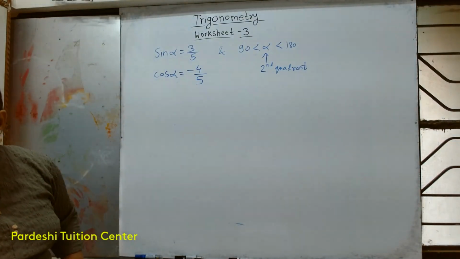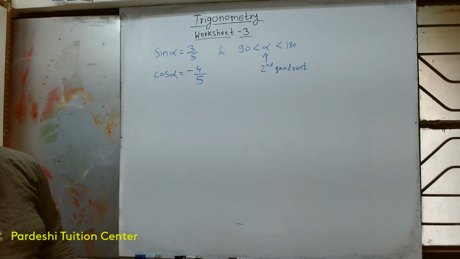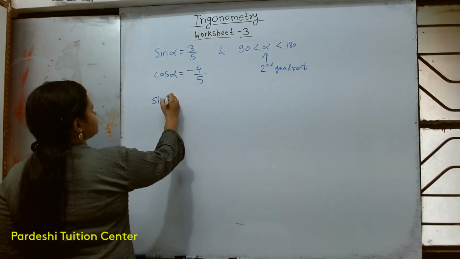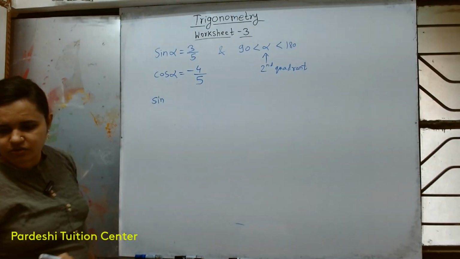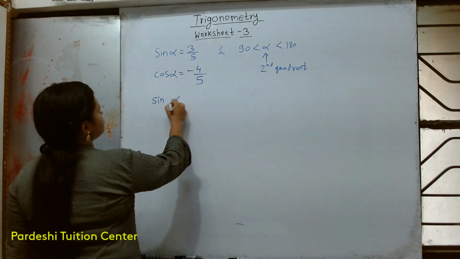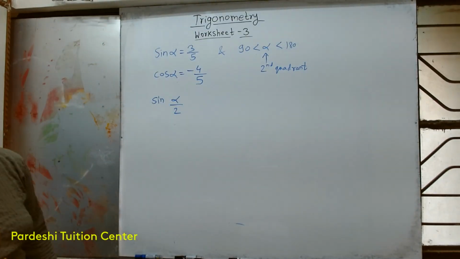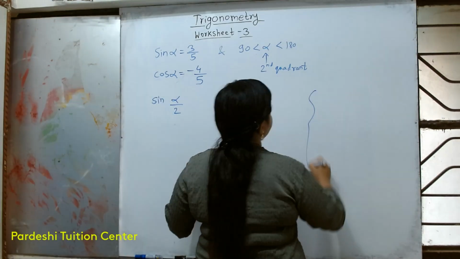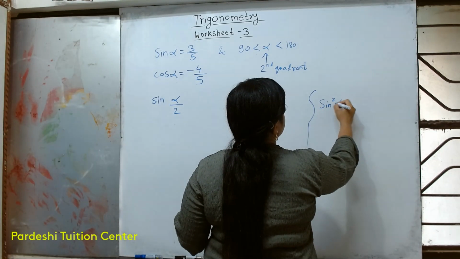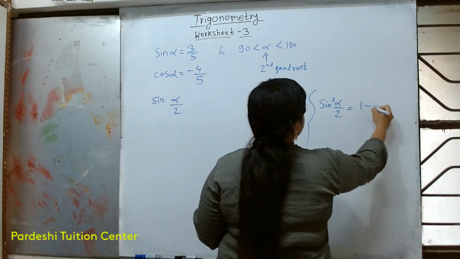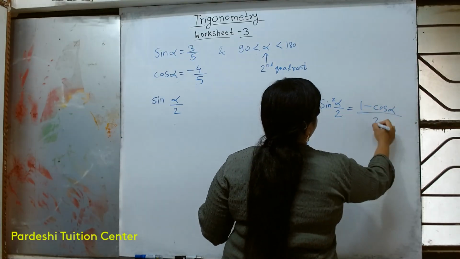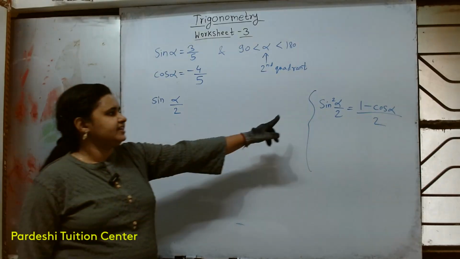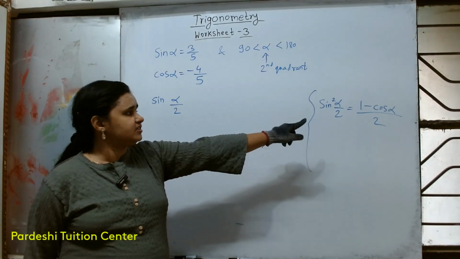Now we have to calculate sin alpha by 2. Do you remember the formula for sin square alpha by 2? Sin square alpha by 2 is 1 minus cos alpha, by 2.